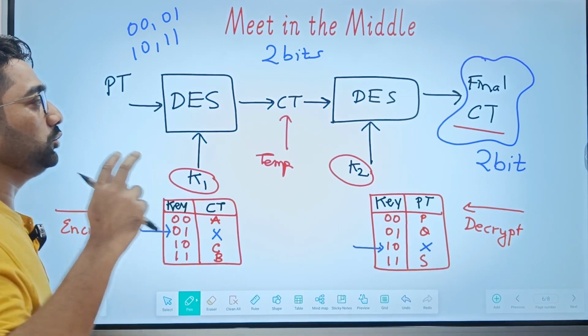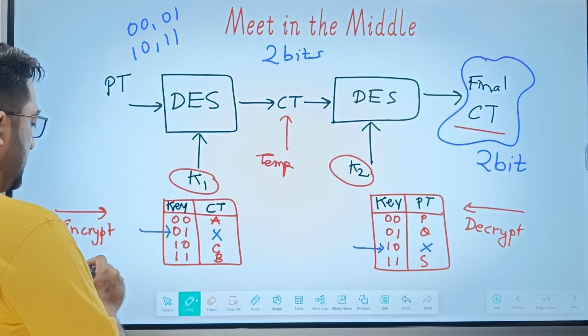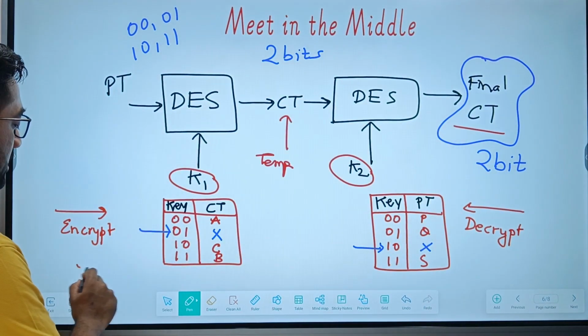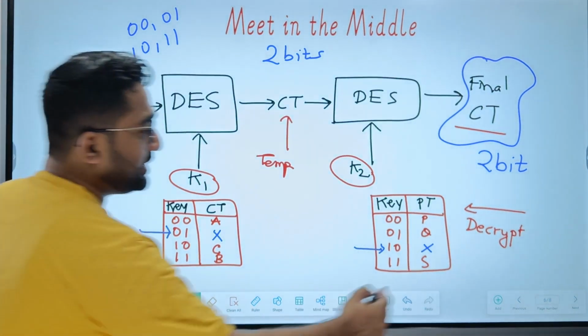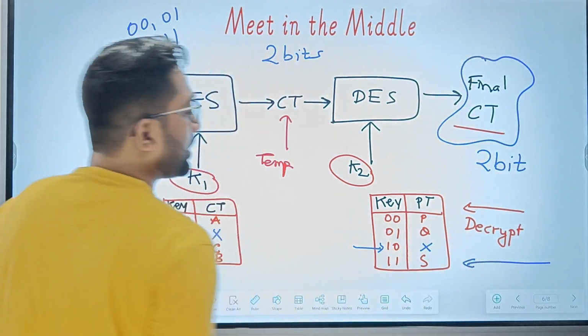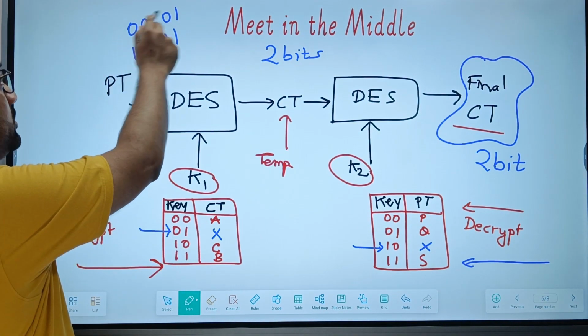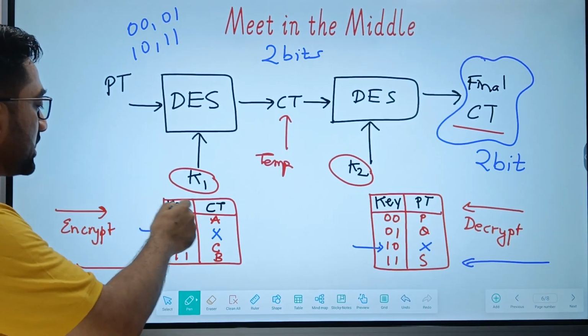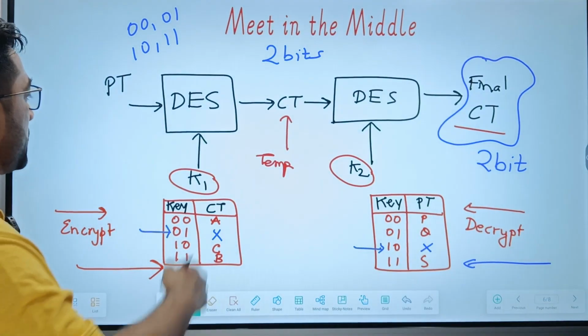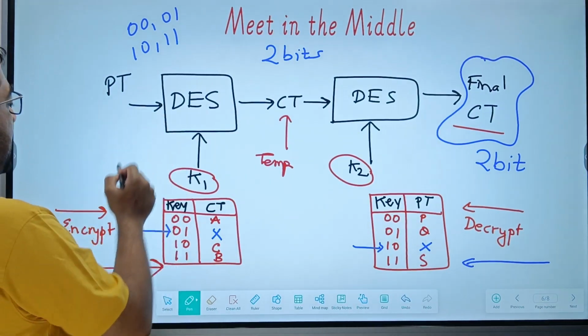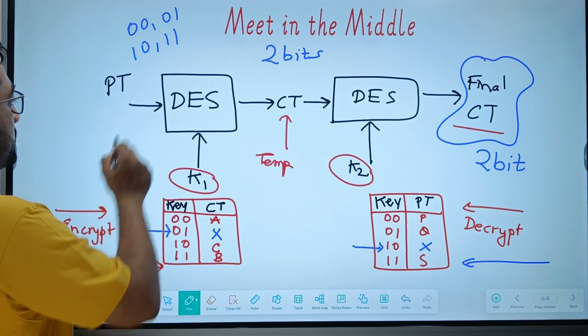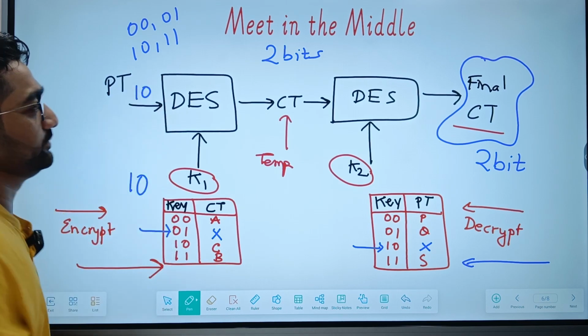So the attacker will do two things simultaneously. The attacker will encrypt from the left hand side and decrypt from the right hand side. So now what is happening? The attacker will encrypt these known plain text values with the keys. Let's assume the plain text is 10.